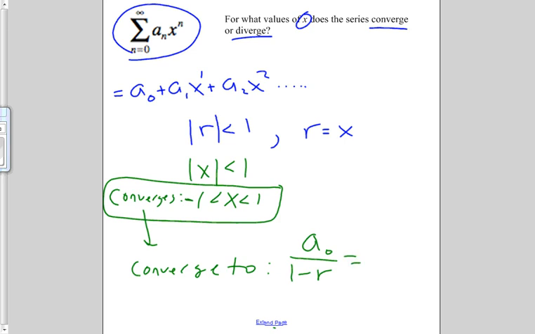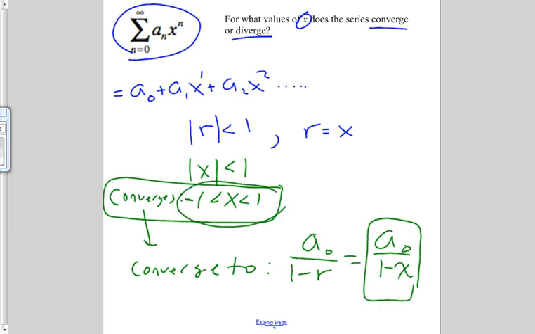So it's going to converge to a naught over 1 minus x. So for all values of x that are in this interval, this series is going to converge to a sub 0 over 1 minus x for values of x between -1 and 1.